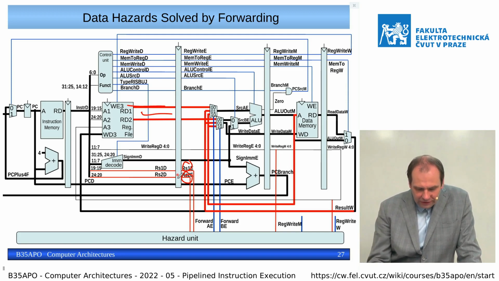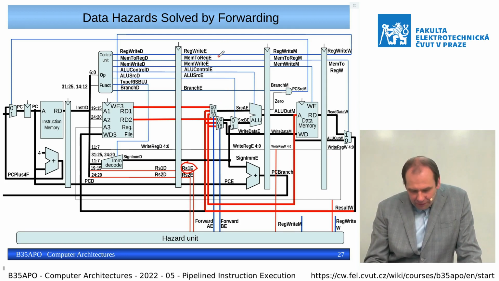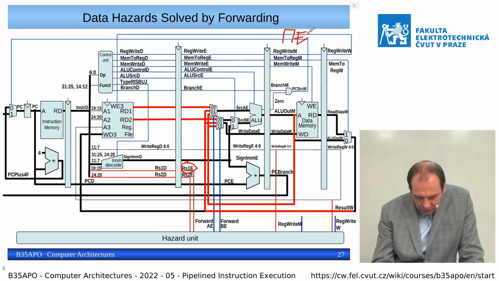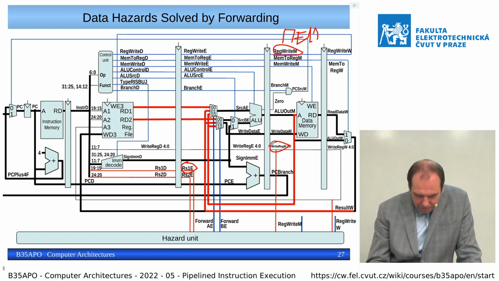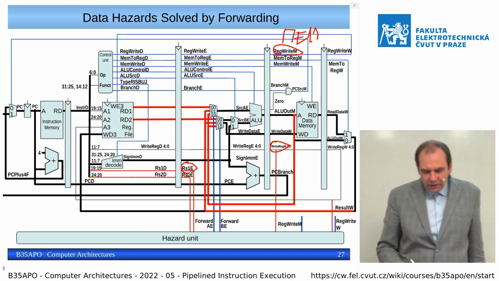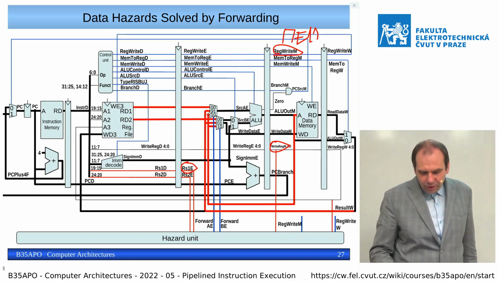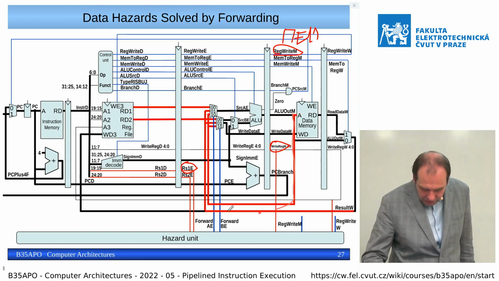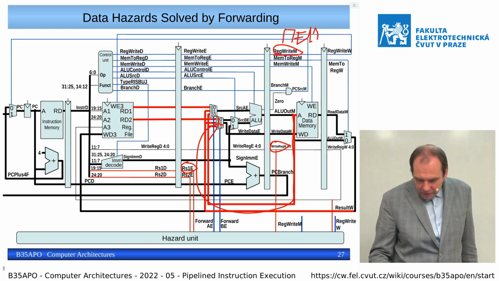And if we know that those registers are in use in this instruction, which is there, and we find that the memory stage writes to a given register, so reg write M, and that this register matches one of those registers which are used as the input for the following instruction, then we know that we need to forward a corresponding input through the memory stage.